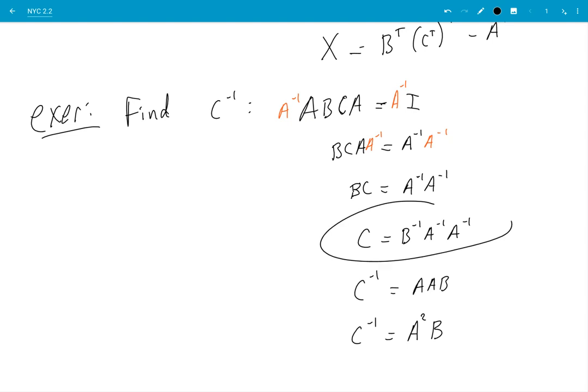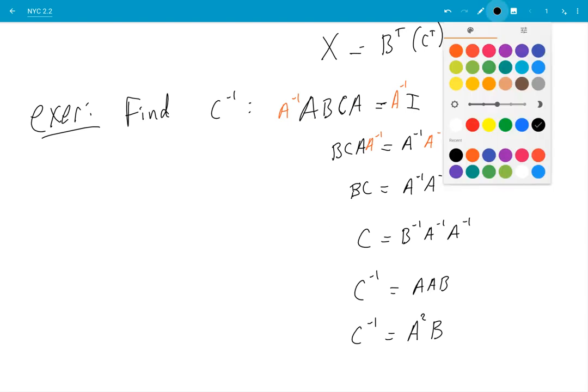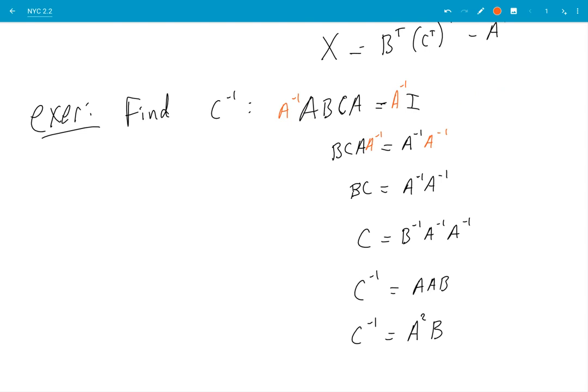This step here again, what did I do? I put a B inverse here. So on this side, the B inverse has to appear here. It cannot appear over here. No, no, no. The principle being that whatever you do to one side, you have to do the exact same thing to the other side in order to preserve the equality.